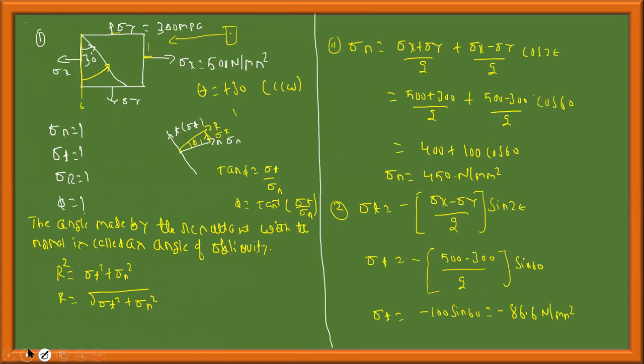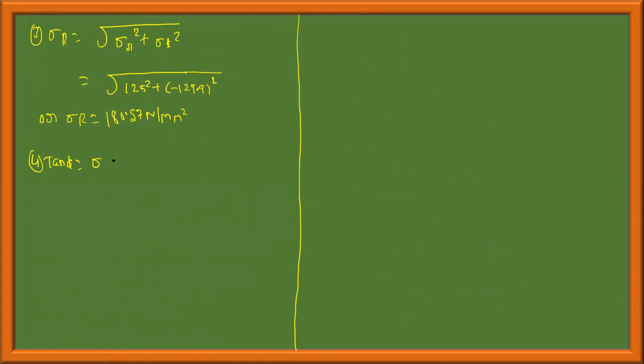So phi is equal to tan inverse of sigma T by sigma N, which is equal to tan inverse of minus 129.9 by 125. Tell me what is phi. Minus 46.1 degree.